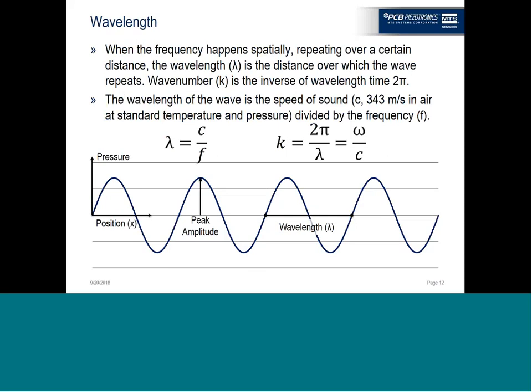The wavelength of the wave is the speed of sound divided by the time frequency of the wave. C in air is 343 meters per second at standard temperature and pressure. Notice I have those two things in there. Furthermore, I can say at specific concentrations of carbon dioxide and humidity level because all of those have an effect on the speed of sound in air.